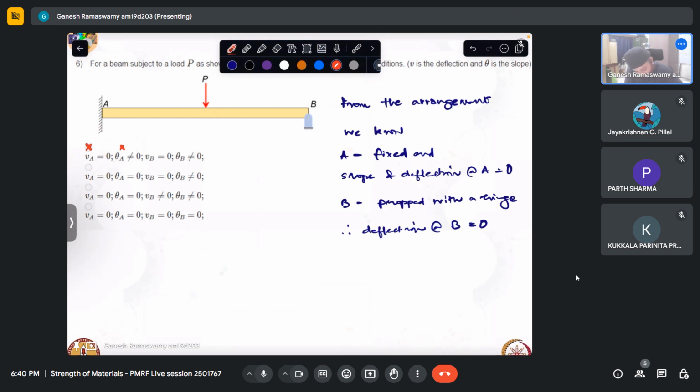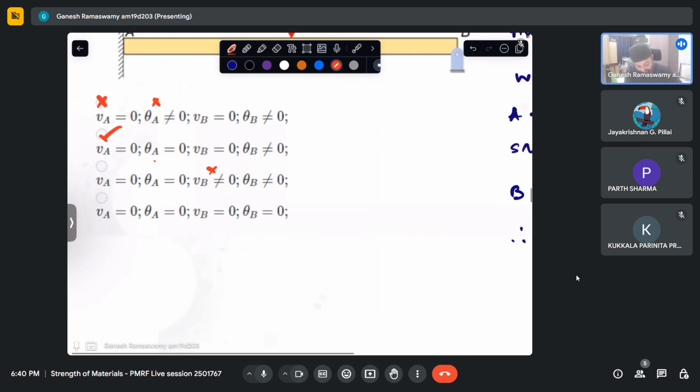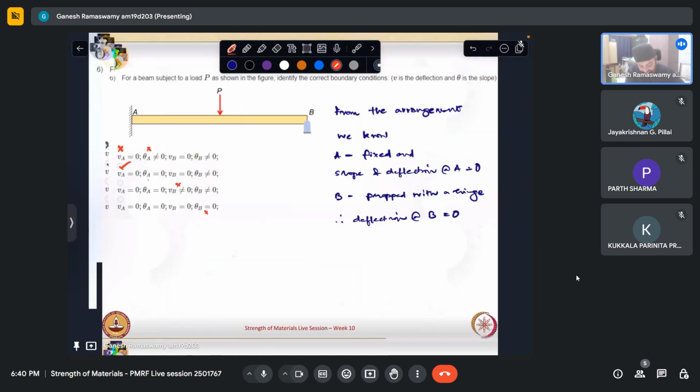So VA equal to 0, theta A equal to 0, VB is 0, theta B is non-zero. So this is correct. And what is wrong in this? It says that deflection is non-zero, which is not true. And in the fourth case, it says everything is 0, whereas this is actually not true. So that is why the second is the correct option.